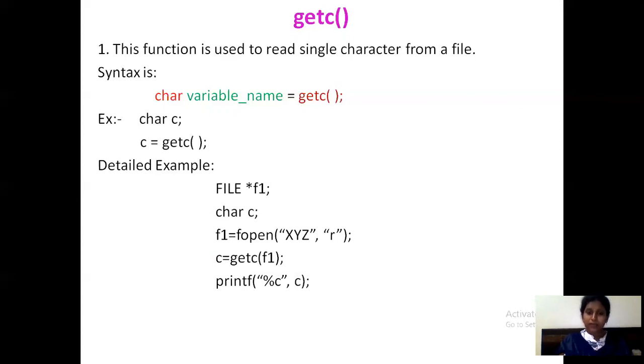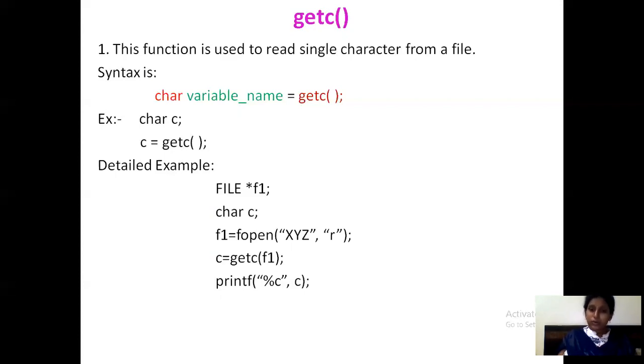I am opening my file in read mode. With the getc function, the opened file is f1, and you take one character from that file f1, place it into your c variable, and print that character on your output screen using the printf function.